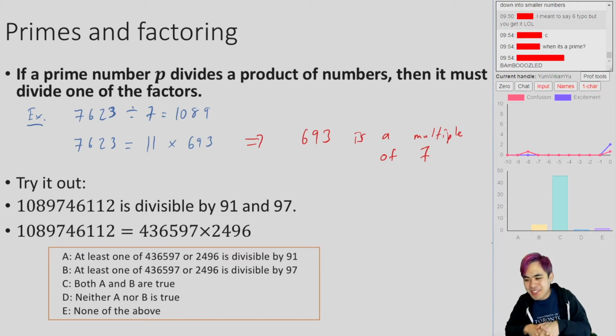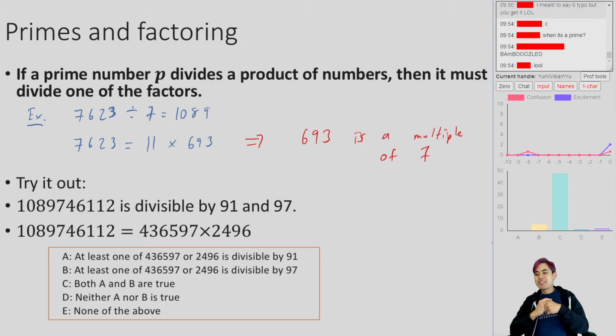Yep, bamboozled again. So you need to be really careful when I give you a number. And yes, I gave you a sort of harder set of numbers here. So, are both of these numbers prime? Or maybe only one of these numbers is prime? Or maybe none of them are prime.